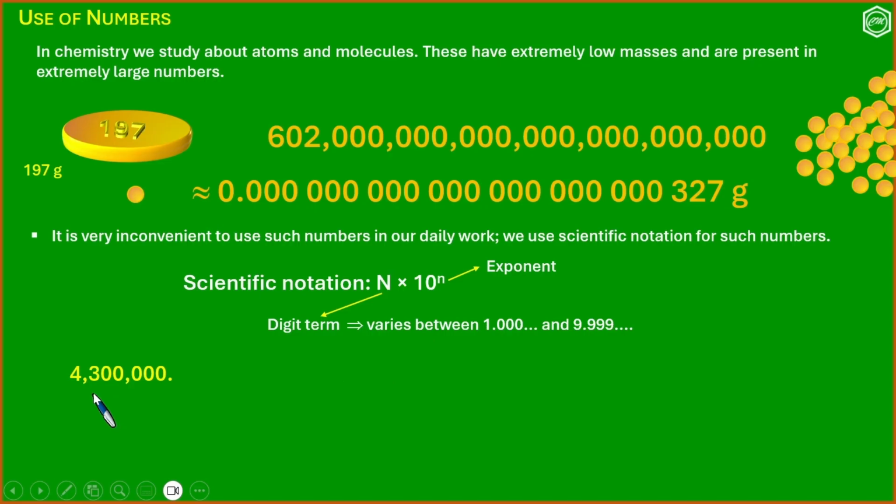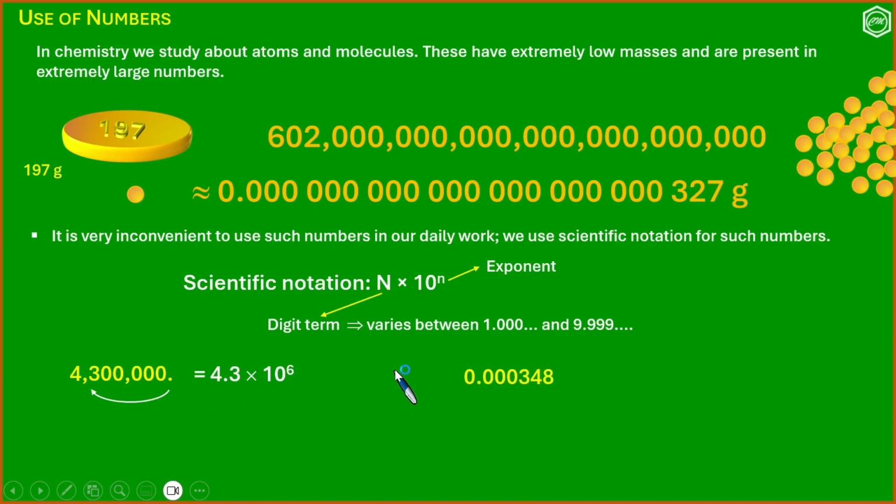Now take an example, that is 4,300,000 or 43 lakhs. Consider a decimal here. Now we move this decimal 6 places towards left. Then the digit term will be 4.3. So that is 4.3 into 10 raised to 6.